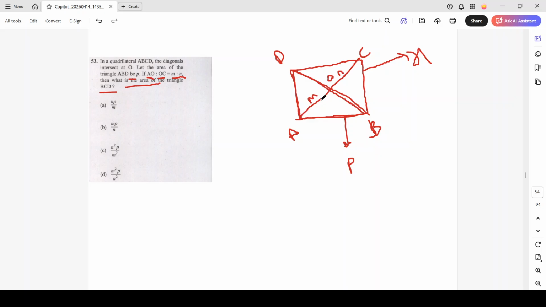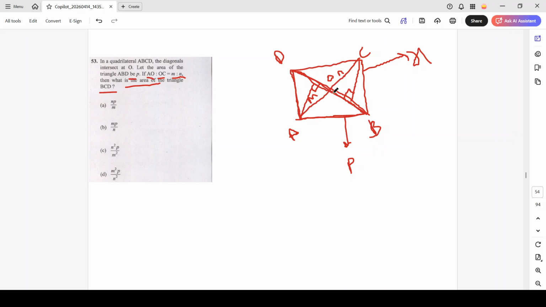Now if we see this as a whole, first of all, this base is common for both the triangles. So what is the difference in these two triangles? That is the perpendicular. If we draw a perpendicular here and here, these are the defining factors for these two triangles. Now we see that the ratio of AO and OC, M and N, is given to us.